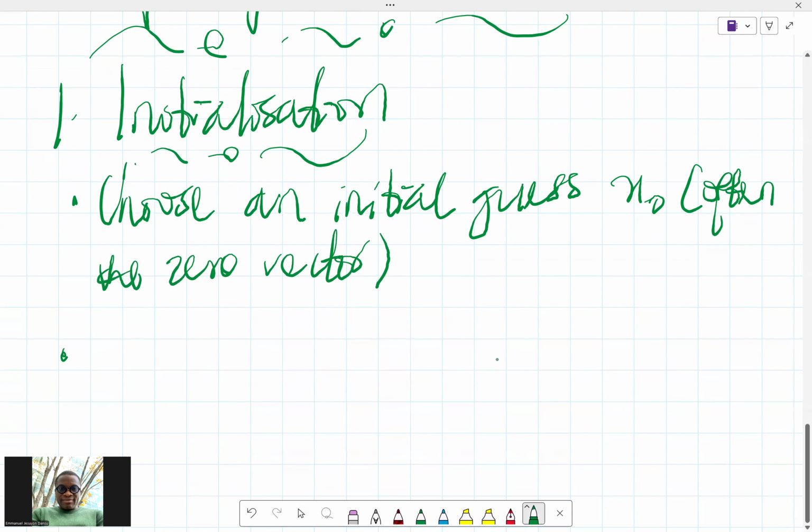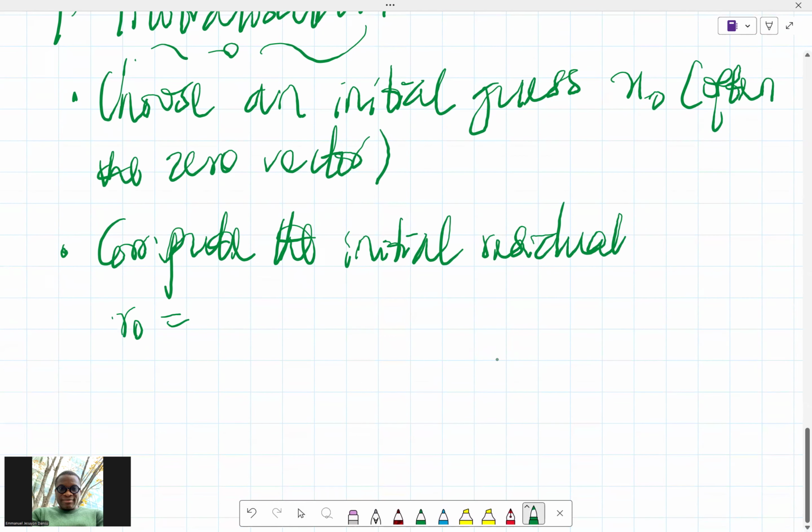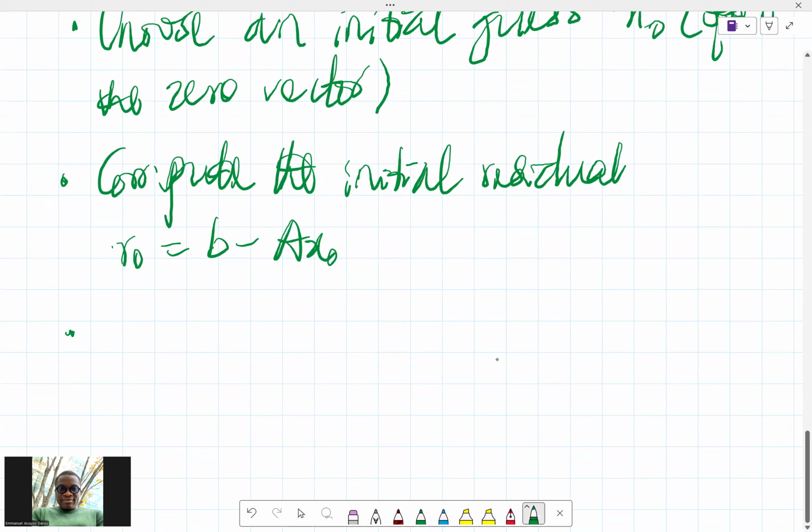Next, we compute the initial residual, R naught, which is equal to B minus AX naught. That's the difference between the known part and the other side.